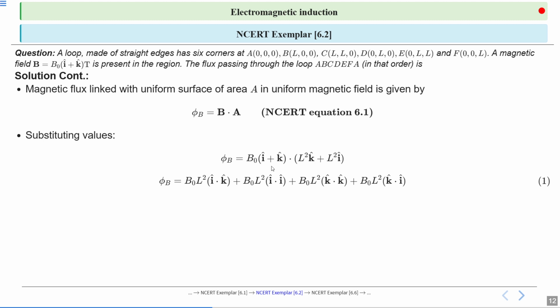So B naught L square I cap dot K cap, first term, plus B naught L square I cap dot I cap, second term, plus B naught L square K cap dot K cap, third term, plus B naught L square K cap dot I cap. So these are the four terms. Okay, mark it as first equation.